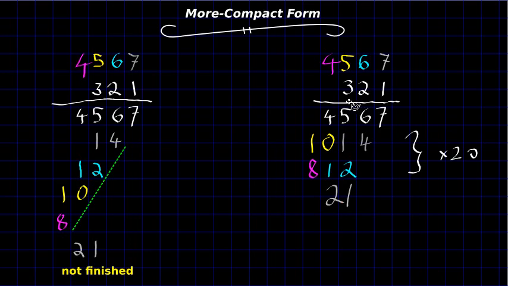Next comes 3 times 6, which is 18, and we can put that here. Next is 3 times 5, and that'll be shifted over one relative to the previous thing, and there's room for that here. Last but not least, 3 times 4 is 12, and there's room for that there.